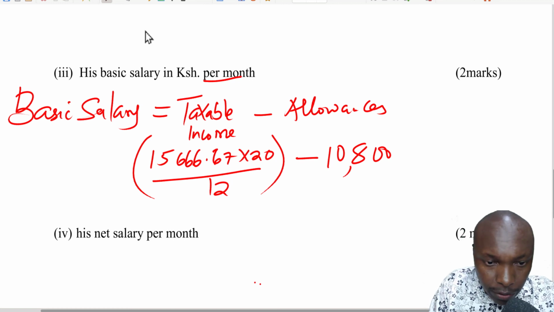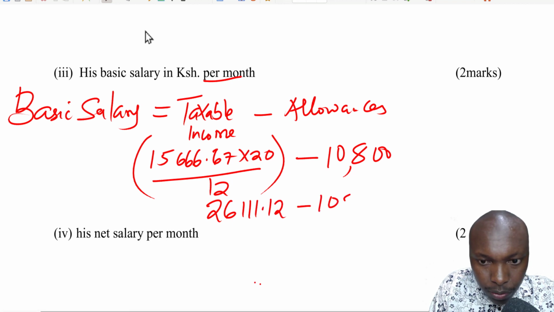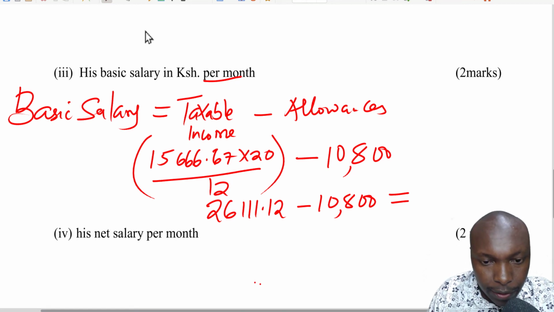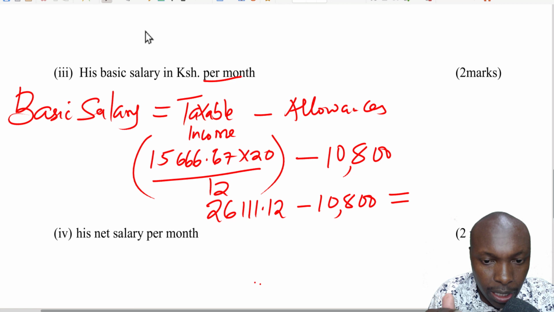So working out 15,666.67 multiplied by 20, then dividing by 12, the whole thing will give 26,111.12. Then subtract the allowances. So when you do that conversion for taxable income and give it per month in Kenyan shillings, you get 26,111.12.